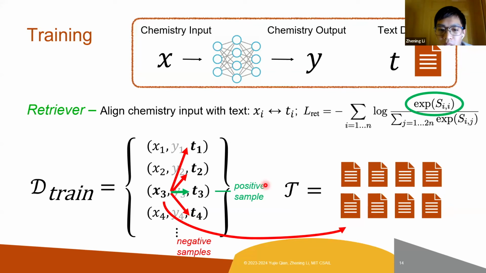And so, yeah, that is the formulation of the positive and negative samples in our contrastive learning loss here. The positive sample goes into the numerator, and both the positive and the negative samples all go in the denominator. And then minimizing the loss will encourage the alignment of the chemistry and text embedding spaces.